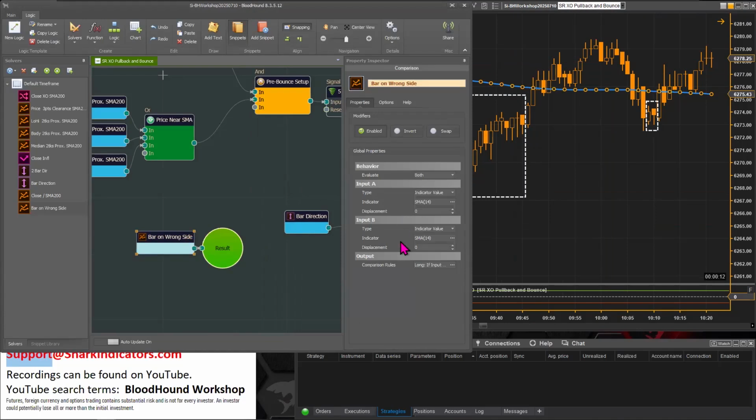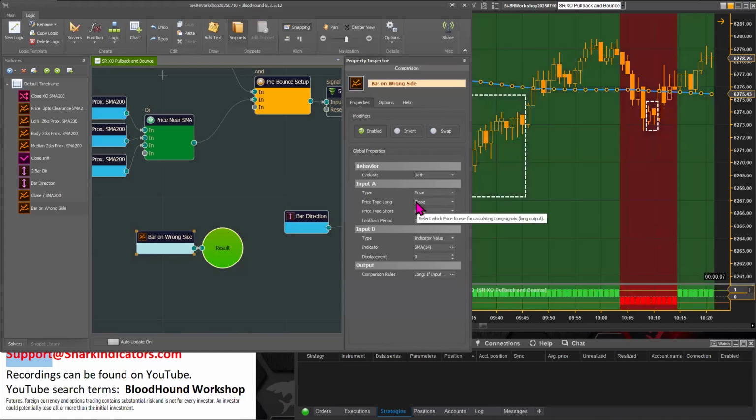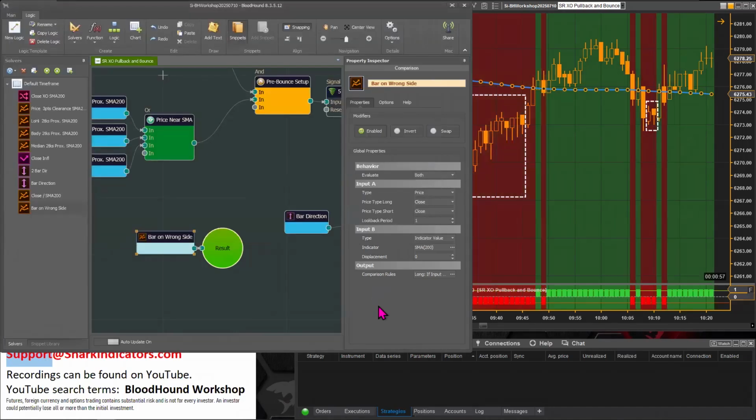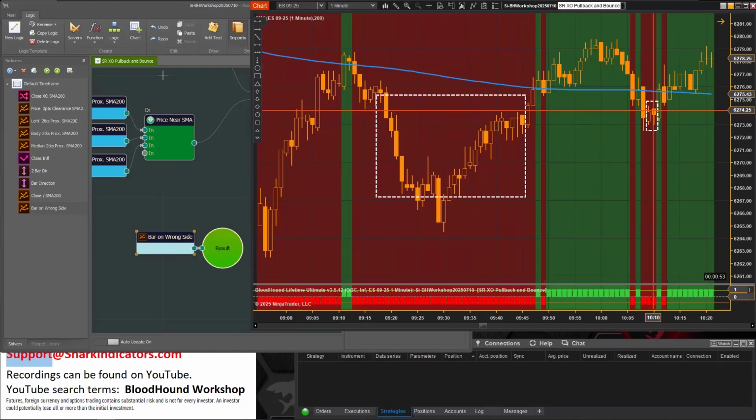So we want input A to be price, and input B is going to be our SMA 200 again. So we're going to produce an output that's going to cancel the system from generating a signal, right?